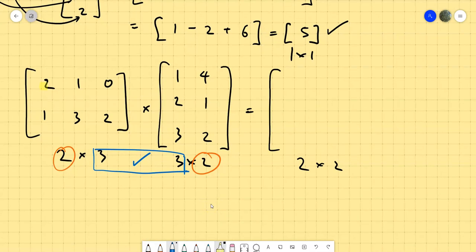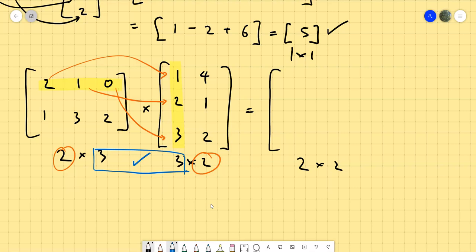Okay, so again, we're going to multiply first with row and column. So in the first position, in other words, the first row and first column, we're going to have an element that is the result of 2 times 1, plus 1 times 2, and then plus 0 times 3, which of course is 0.